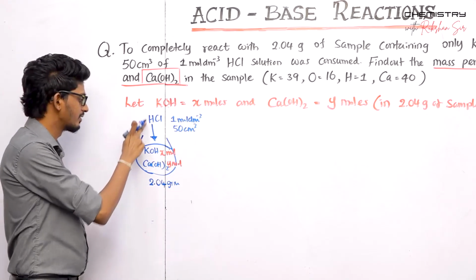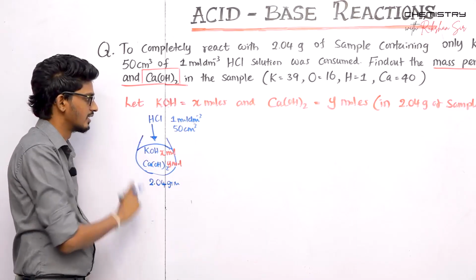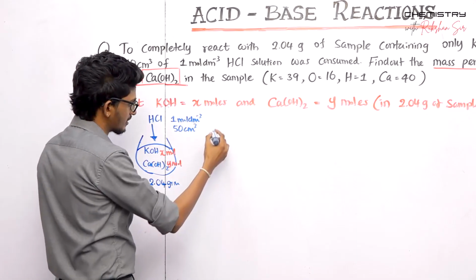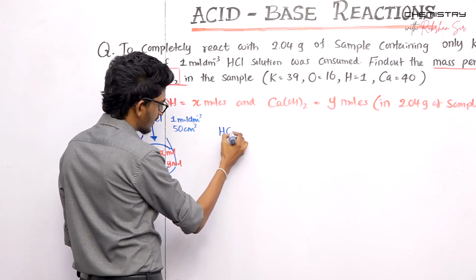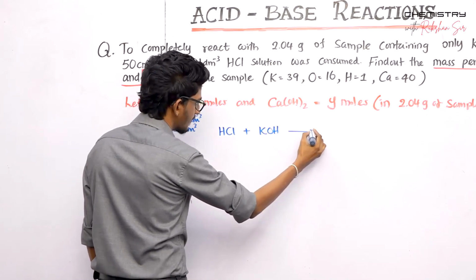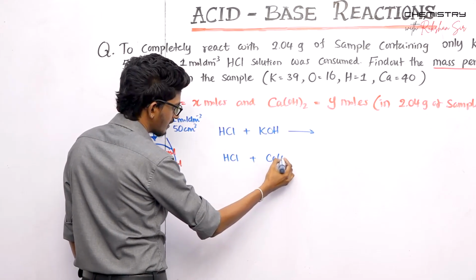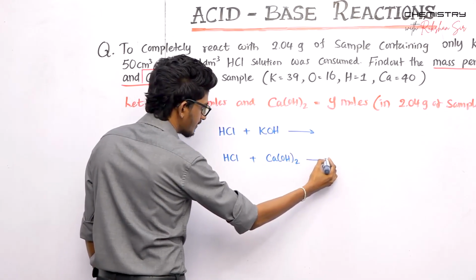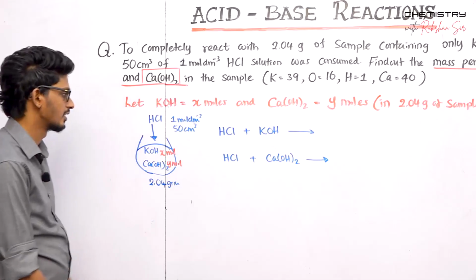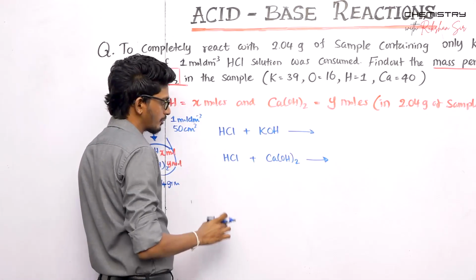Here the HCl will react with the KOH, it's an acid-base reaction, as well as HCl will react with the calcium hydroxide. So the first reaction is HCl reacting with KOH, the second reaction is HCl reacting with calcium hydroxide. Let's balance. First write the salt and H2O as products.